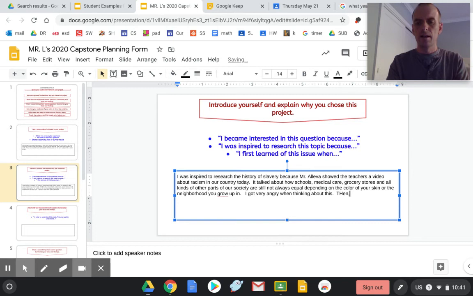Then I wanted to know about how slavery has influenced our country today.